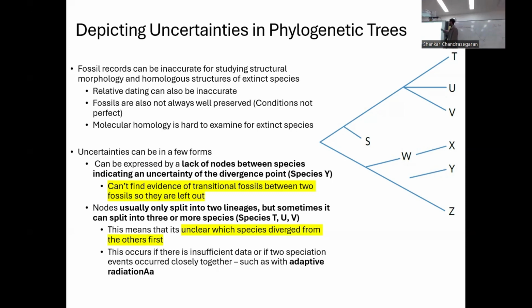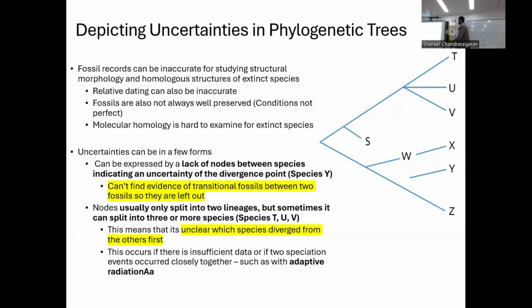But sometimes there can be a divergence where three different species are emerging from one common ancestor, right? This is an example of adaptive radiation, which is talking about when there is a rapid divergence of different species happening from one common ancestor.